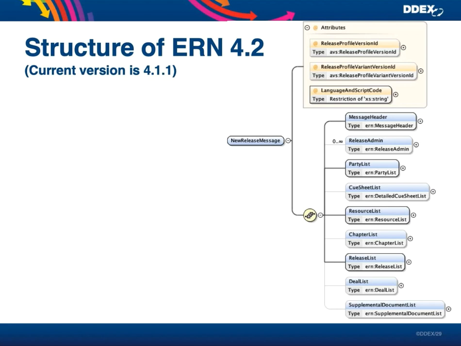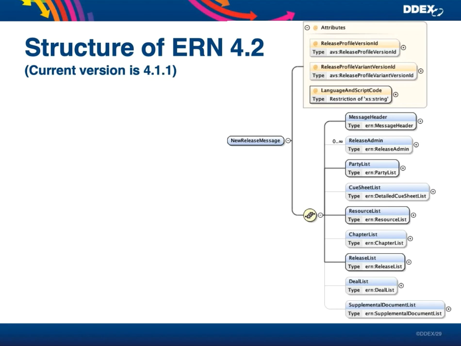Mark has mentioned at the very beginning the concept of a committee draft, which is when the working group that's working on a standard thinks they're done, and we then send it to all of our members for a review. Well, the ERN working group thinks that ERN 4.2 is done. They have published this committee draft to all of our members, and we're now waiting their verdict. So we should have, fingers crossed, ERN 4.2 published within the next certainly 2 months.